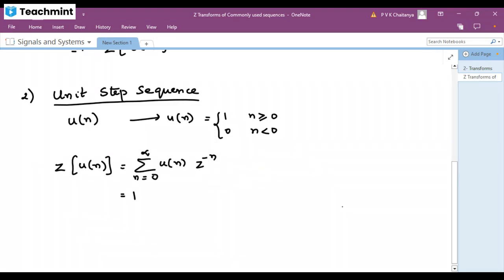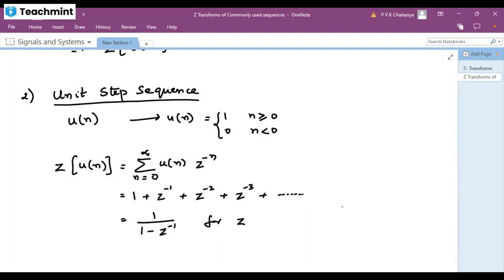So I'll be getting 1 into Z power minus 0 plus 1 into Z power minus 1 plus 1 into Z power minus 2 plus 1 into Z power minus 3 plus so on. We have already seen the geometric progression. The sum of infinite terms, I'll be getting it as 1 by 1 minus Z inverse, if Z inverse is less than 1.